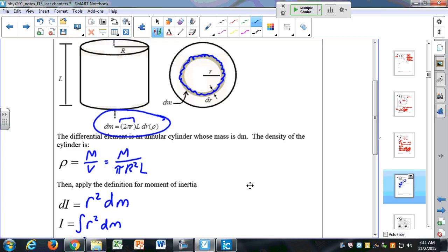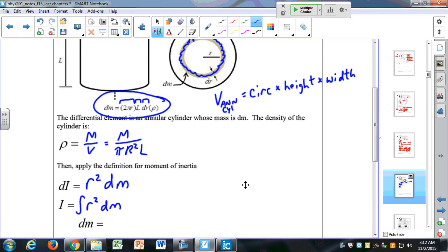I multiply this times this times this to give us the volume of the annular cylinder, which is equal to the circumference, that's 2 pi r, times the height, that's L in this case, times the width of our annulus. And that gives us just the volume. And when we multiply that volume times the density, it gives us the mass dm.